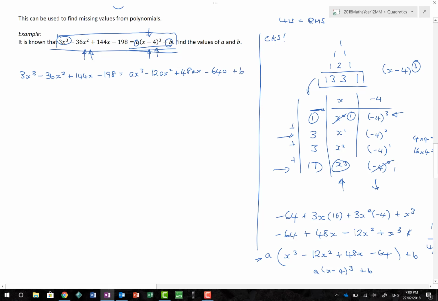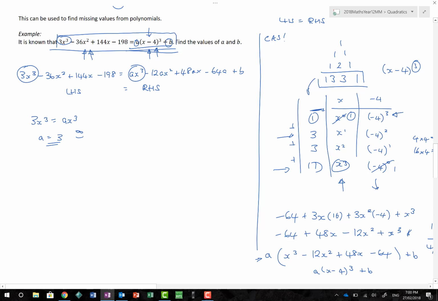Now, when we're equating coefficients, remember everything on the left-hand side is equal to everything on the right-hand side, which means, because we've only got one x cubed term, that 3x cubed must be the same as ax cubed, which would suggest that a is equal to 3.